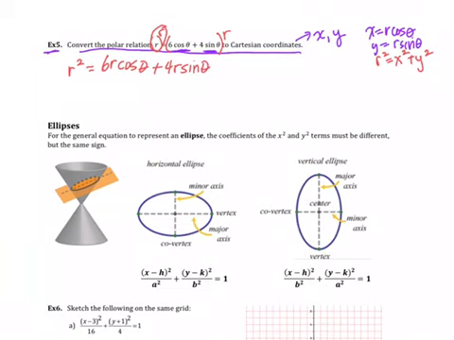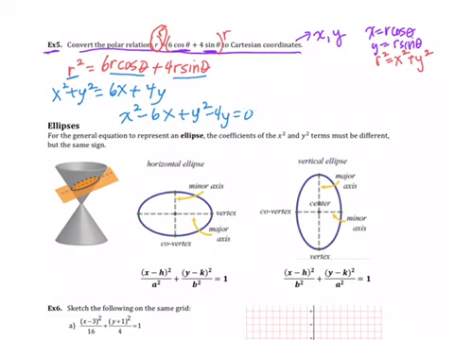So now I'm just going to replace, well, r squared is x squared plus y squared. R cosine theta is x. R sine theta is y. So technically you're done. You can move everything to one side. And this is your rectangular form.